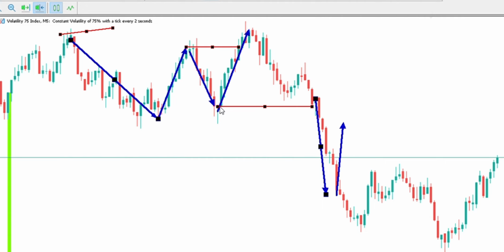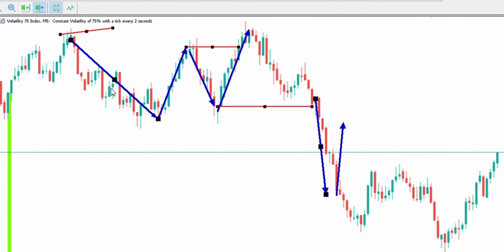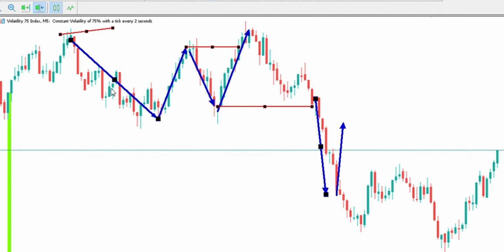Market structure, break of structure, change of character: it happens when the market violates the previous high twice, or violates the previous low twice. For example here, if this market violates this point, like it has closed below this point. Are you seeing this point? It has closed below this point.